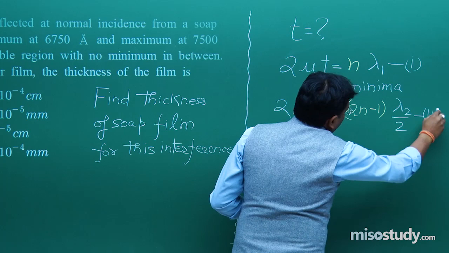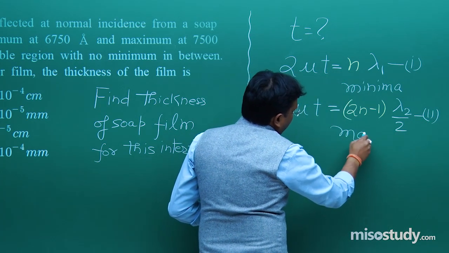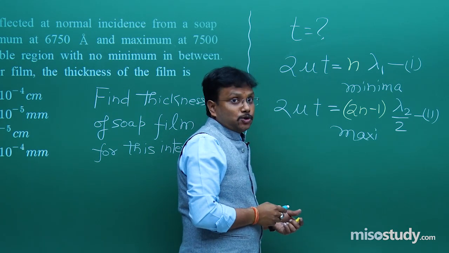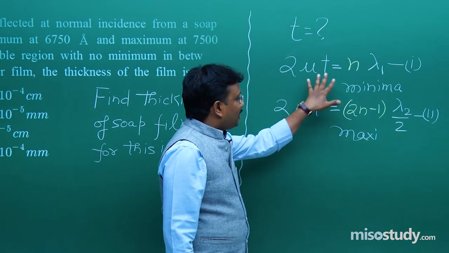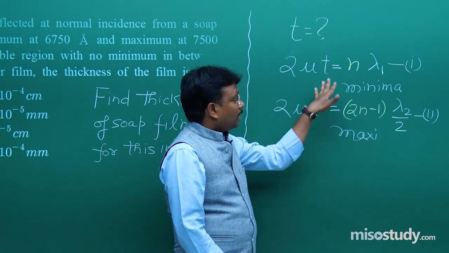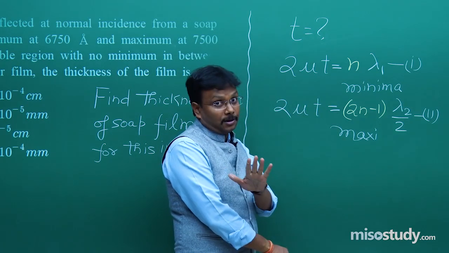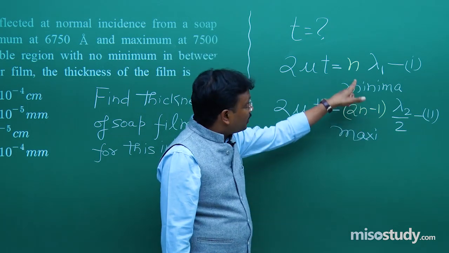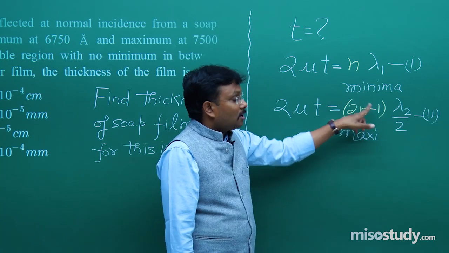Equation number 2 is for maxima. So my request to all of you, students, is to practice these simple formulae. That is of utmost importance, and what I mentioned with yellow color is really important.